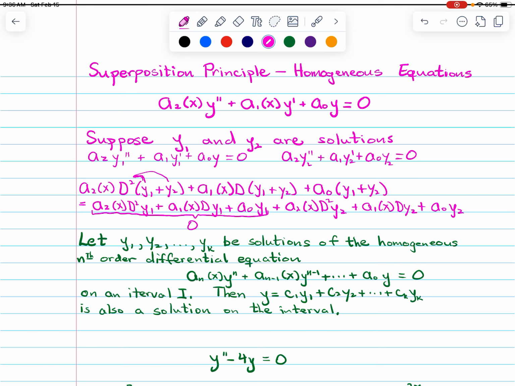See, we found that up here. And we know that this part over here is 0 as well. So it looks like if we know y1 is a solution and y2 is a solution, then the sum of those solutions is also a solution.